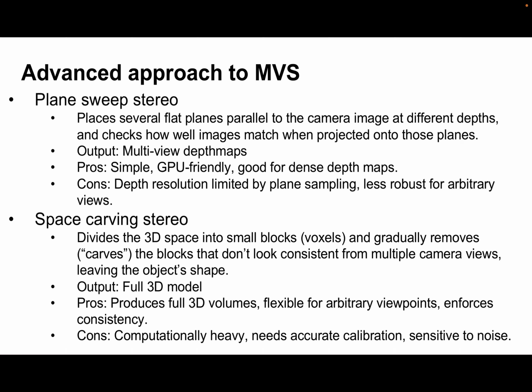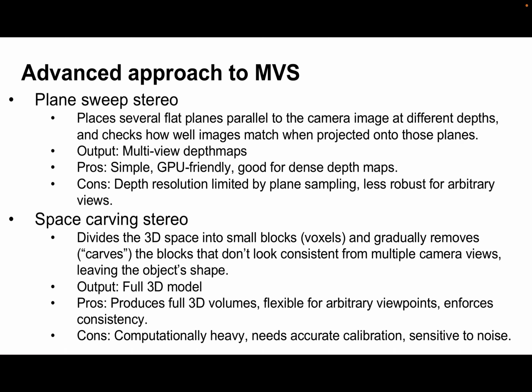That is called carving. That is the reason why we call this algorithm space carving stereo. We gradually remove the blocks that don't look consistent from multiple camera views, leaving the object shape.